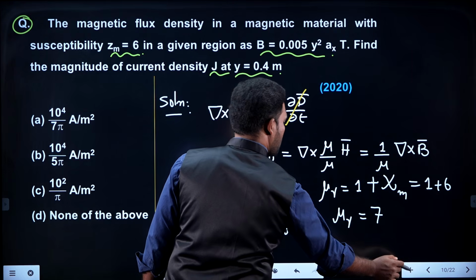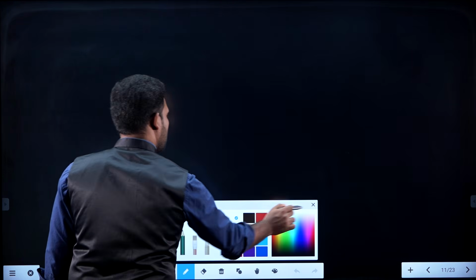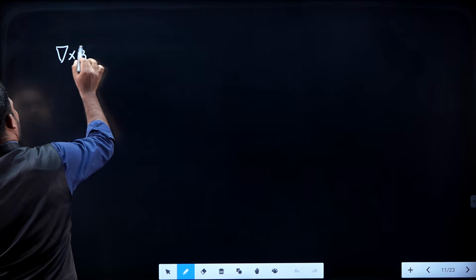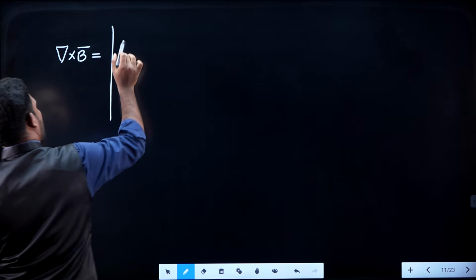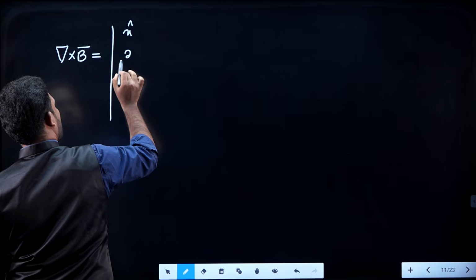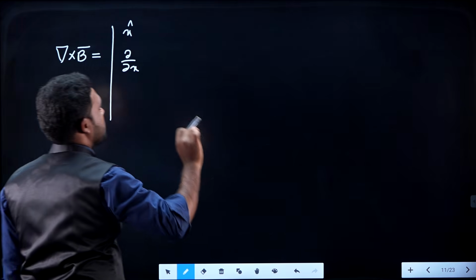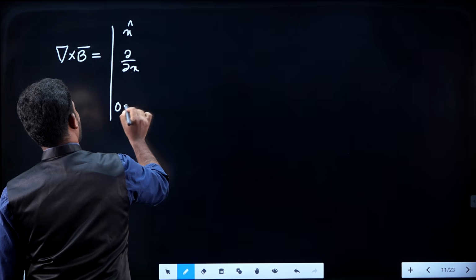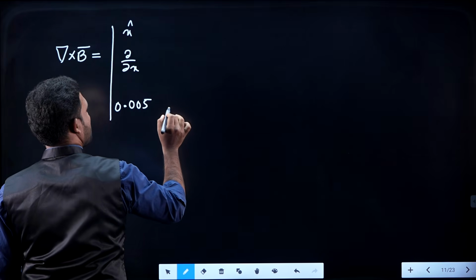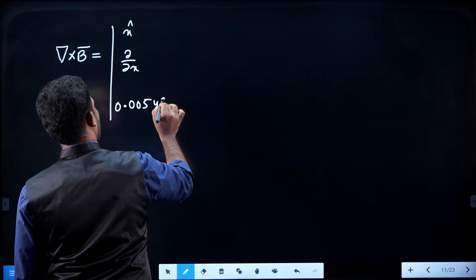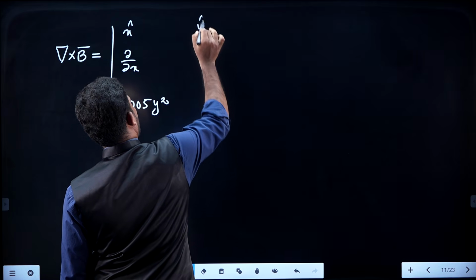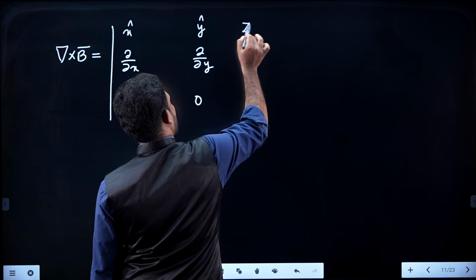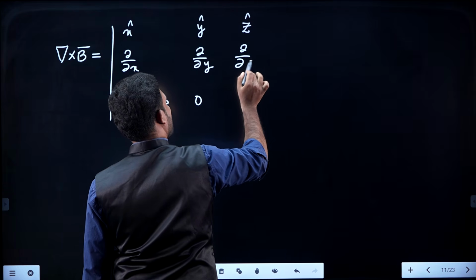You need to find out the curl of B. What is the curl of B? A determinant of x cap, dou by dou x, it is the x component 0.05 y square; y cap, dou by dou y, 0; z cap, dou by dou z, 0.